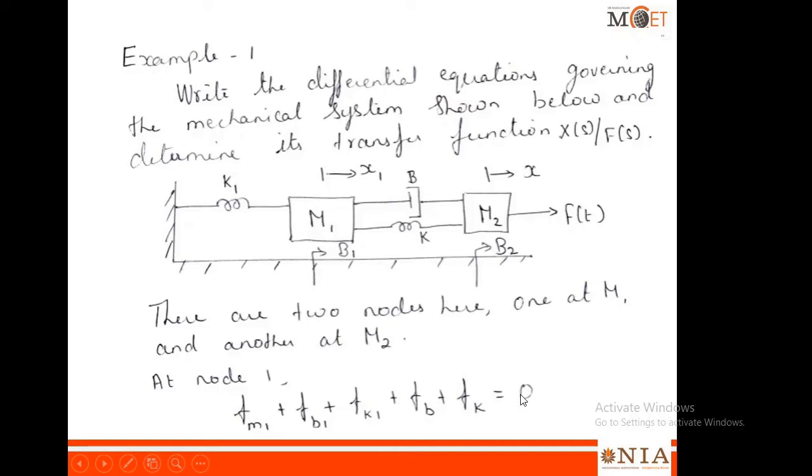So this input force is 0, and all the opposing forces are written on the left hand side. So this is your node 1 expression. Similarly, you have to write a node 2 expression also. So the opposing forces due to M2, B2, K, B, summing all these should be equal to F of t. That will be the node 2 equation.